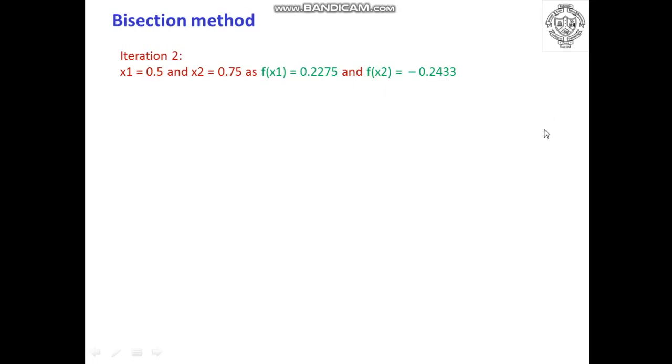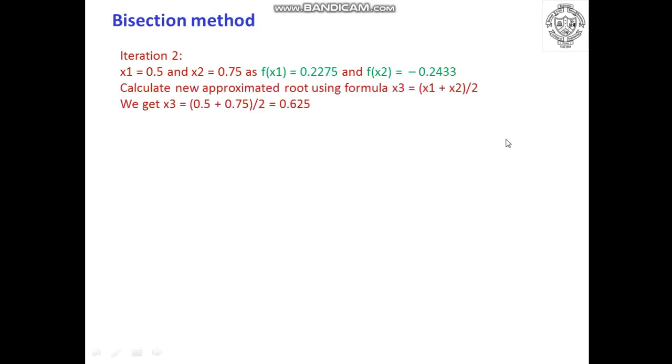These initial guesses are correct, which we have already validated in the previous iteration. Now let us find the new approximate root using the usual formula, x3 is equal to x1 plus x2 divided by 2. So we get x3 equal to 0.5 plus 0.75 divided by 2, which is equal to 0.625.